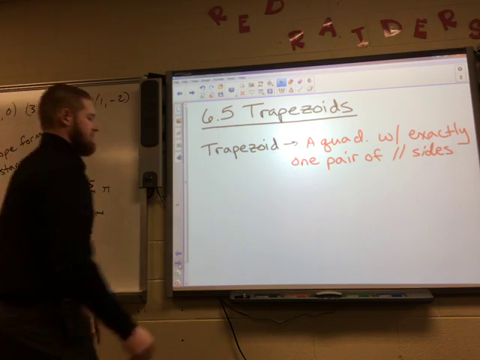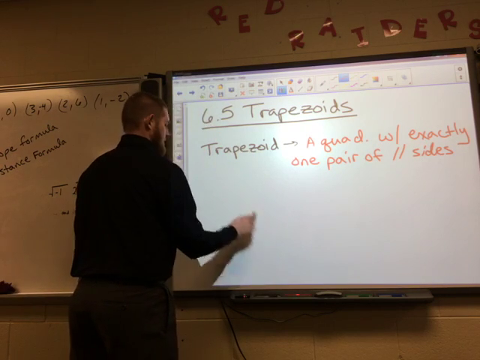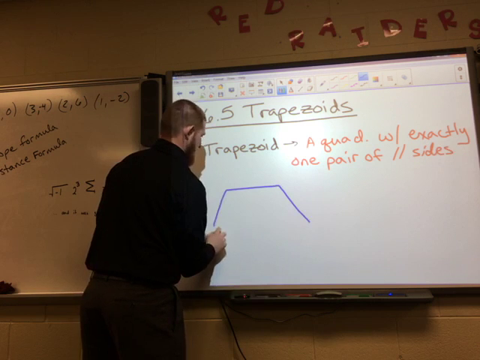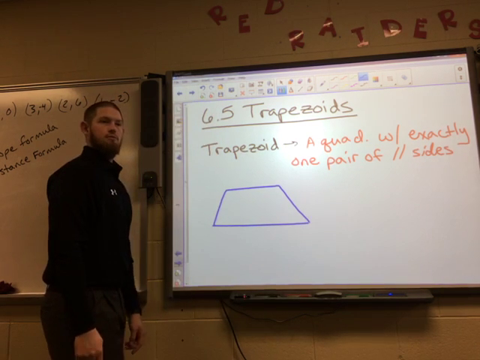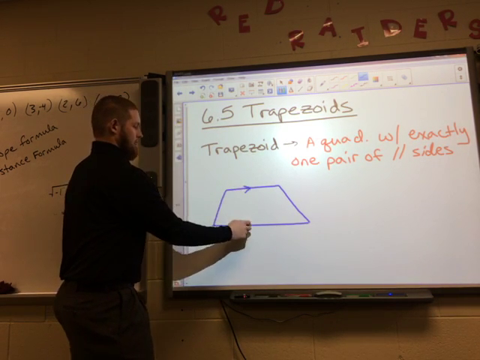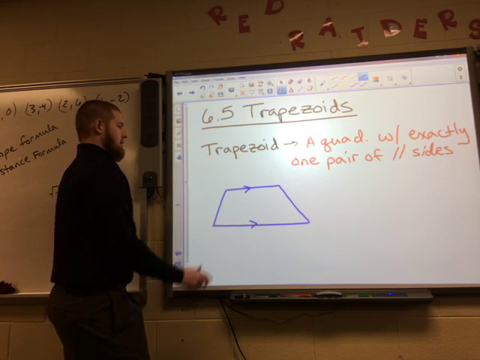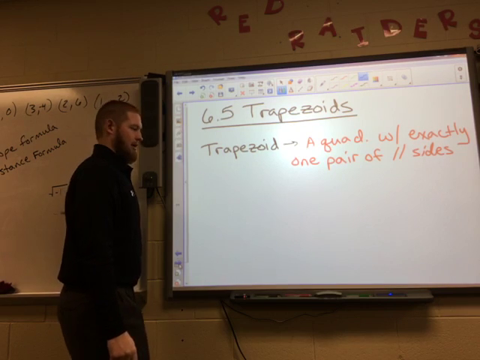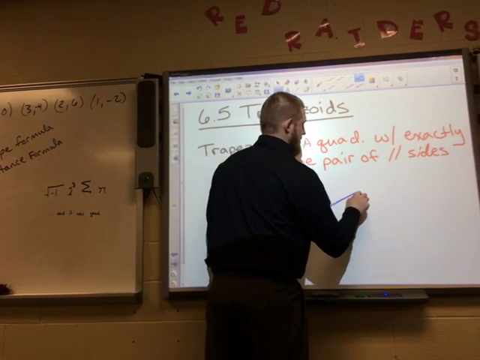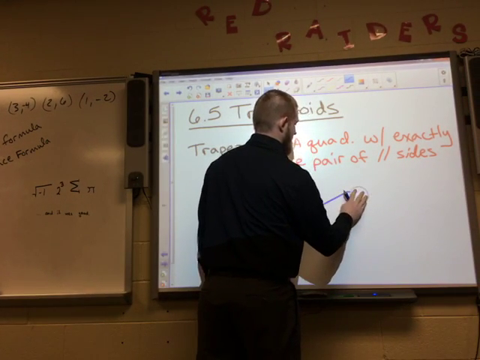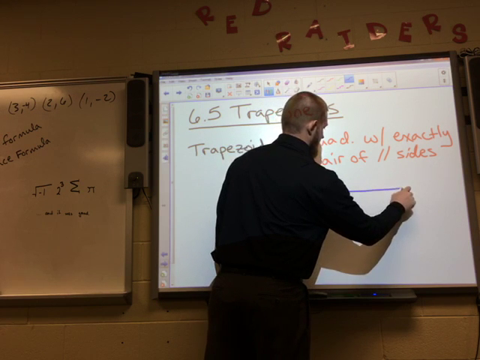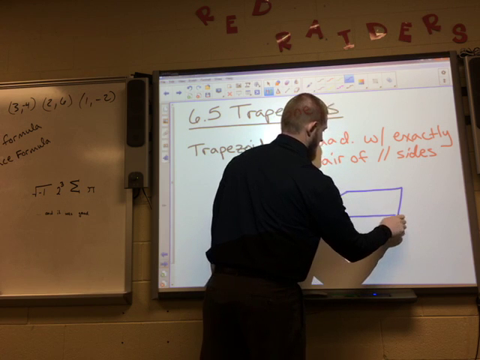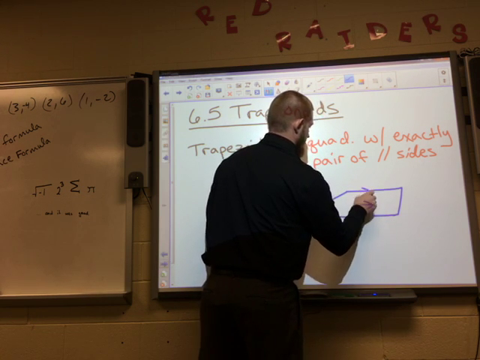Now most of us think of a trapezoid looking like that, right? And that is, as long as those are parallel, that is a trapezoid. But you have to remember that's not what they have to look like. This is also a trapezoid.